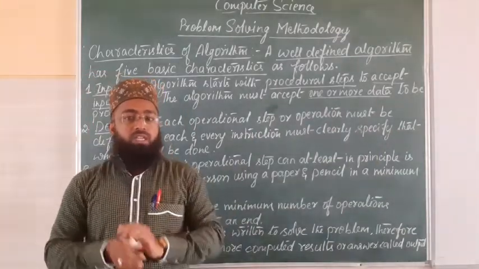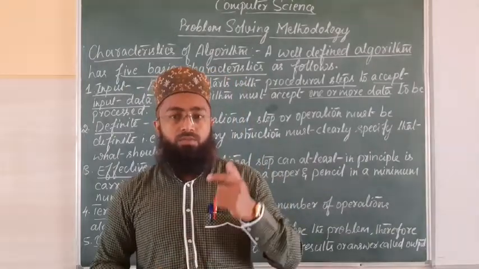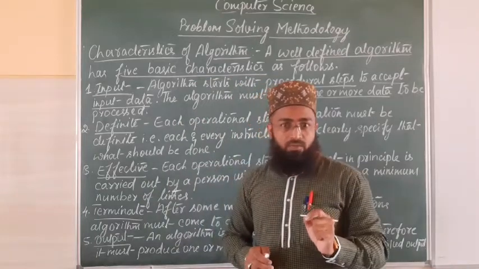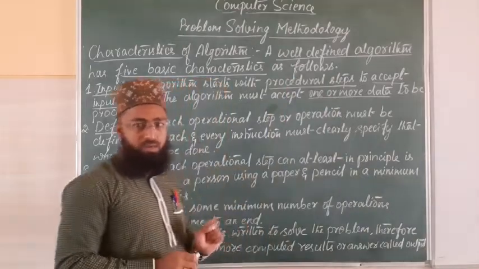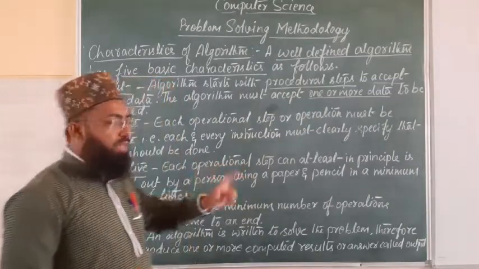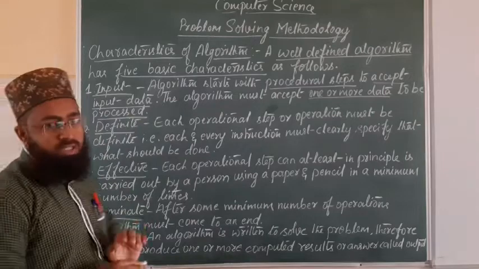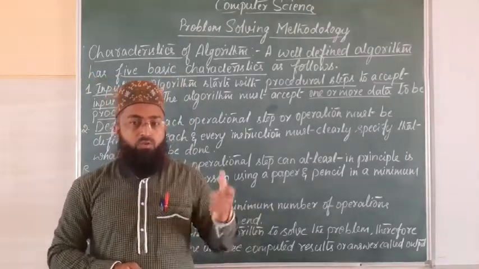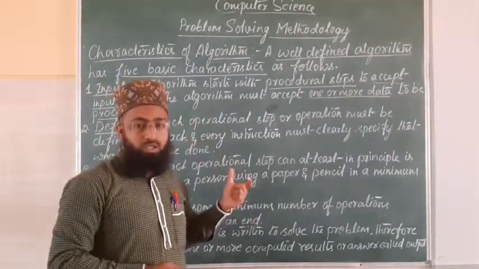Because if there is no data, then we cannot work with the algorithm. So the algorithm should have data. One or more means some data. That is the meaning here. To be processed means to do work on that data, to find the result of that data and to use that data in the algorithm.